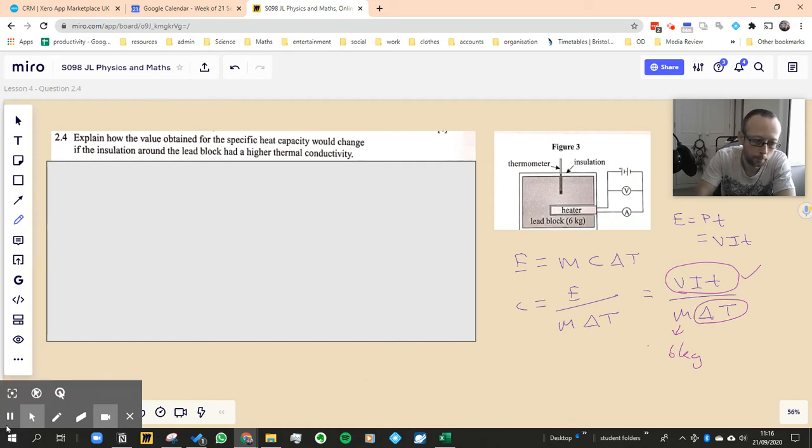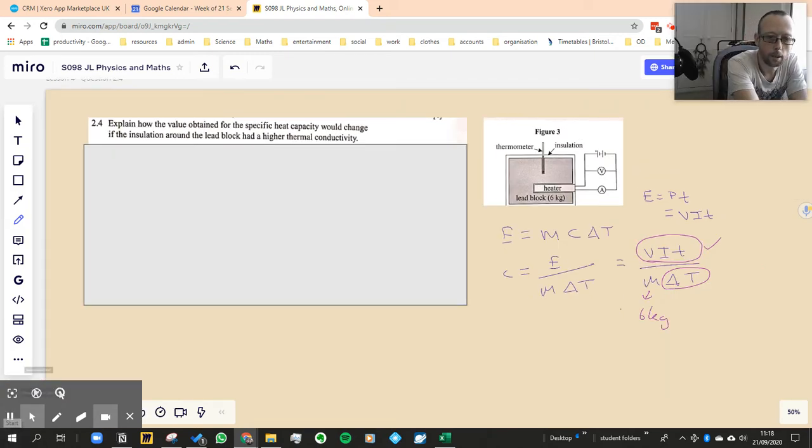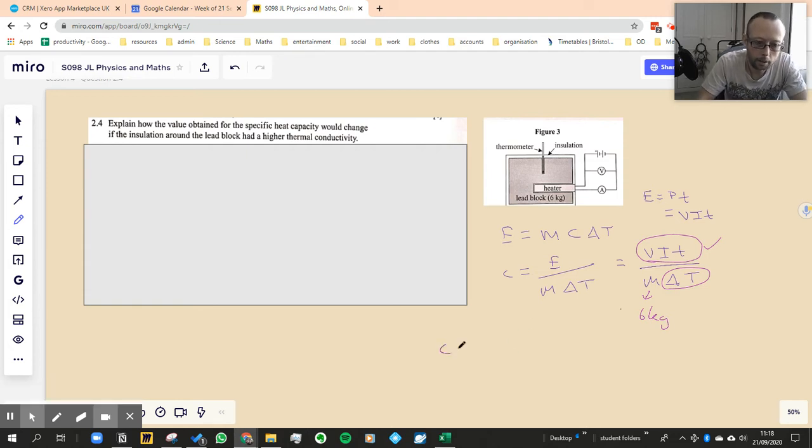In the earlier part of the question, we calculated the specific heat capacity to be 204.54. In theory, we don't really need the numbers because they're not asking us to calculate anything.